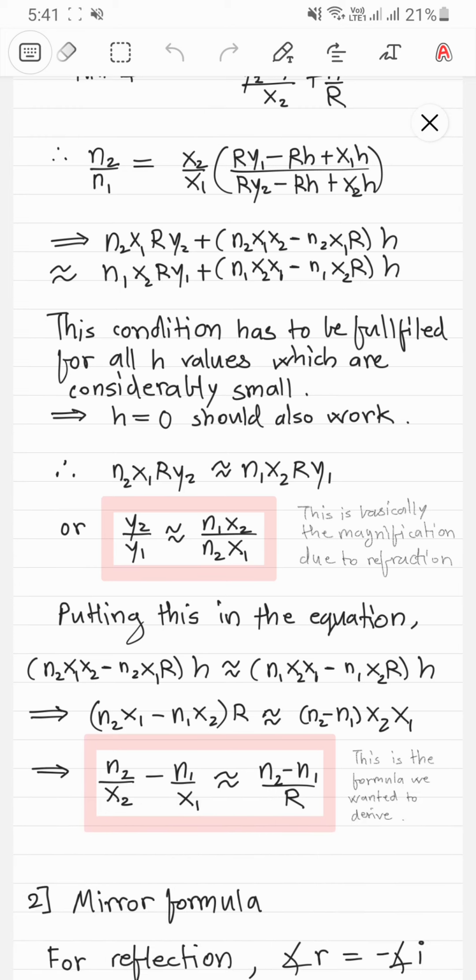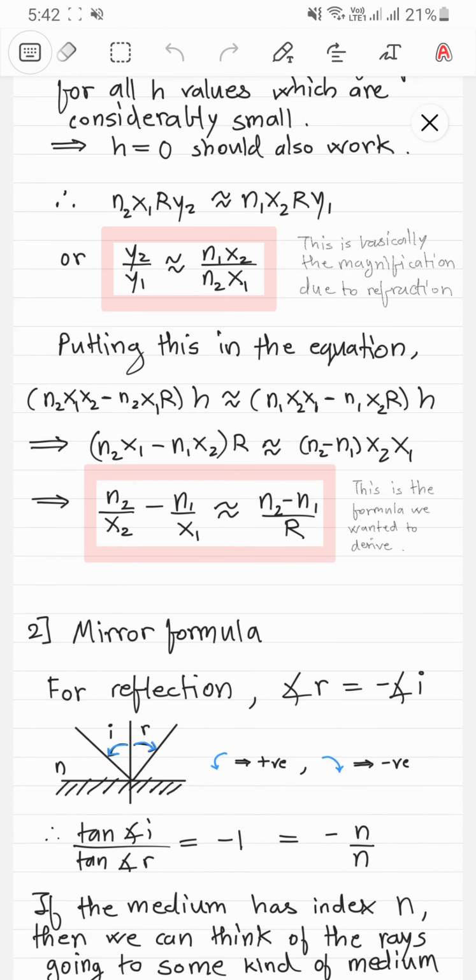And then once again the same condition: for any capital H, the refracted ray should pass through the same point, right? For that to happen, this approximate equation should be an identity, which only happens if the coefficients of H are equal on both sides and the constant terms are equal on both sides, and from that you can get these two formulas.